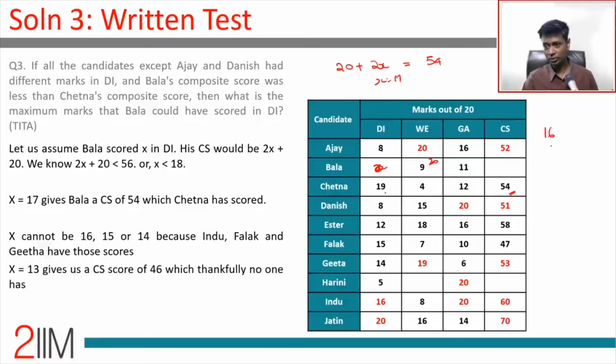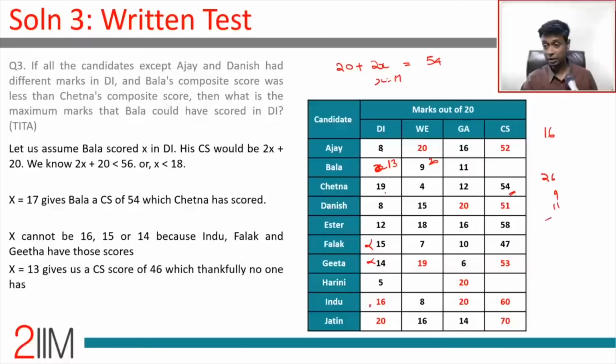Start with 16. Is it possible? Indu has scored 16. So 16 is not possible. 15 is not possible. 14 is not possible. Maybe we can try 13. 13 into 2 is 26.